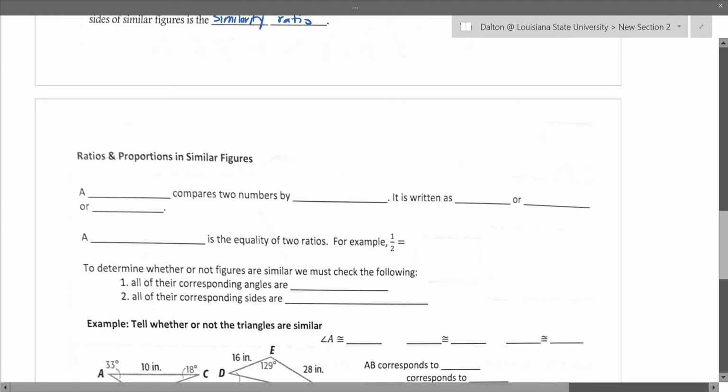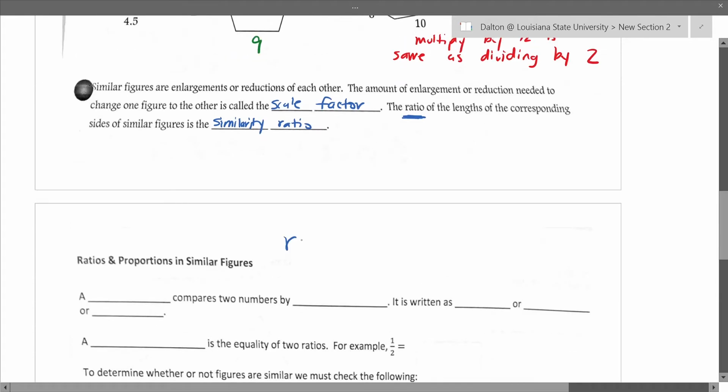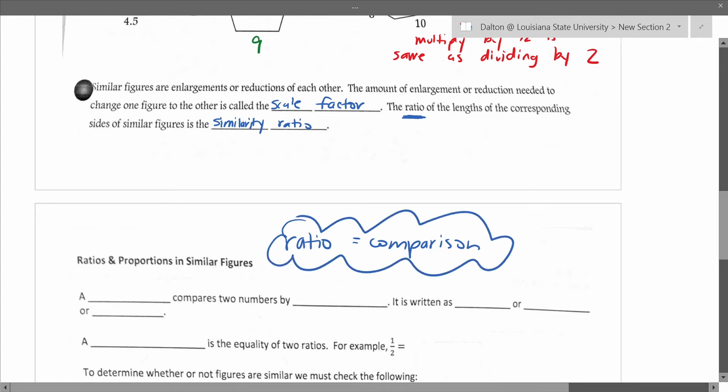Like wins to losses, the number of boys to girls. We use ratios to just compare things in math. So a ratio is a comparison. Now, in math, a comparison compares two numbers by division.